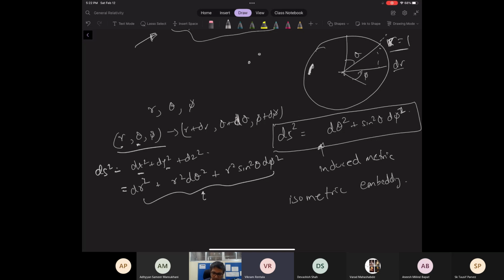This gives you a notion of distances between 2 points on a sphere. But this is a particular choice of a metric that you can impose on the 2-sphere. You can impose other choices of metrics on a 2-dimensional sphere, with general coordinates theta and phi. So this is a particular choice of metric on the sphere, which is induced from embedding it isometrically inside 3 dimensions.